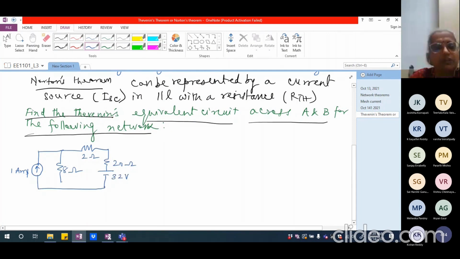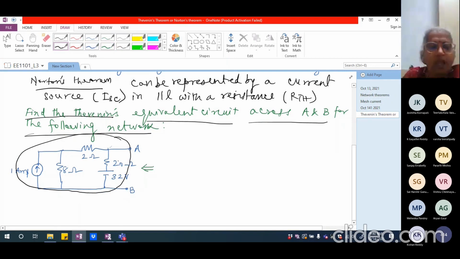So this is the circuit. This node is specified as A and this node is specified as B. So you are visualizing the circuit from this node AB. What is being asked is to give a Thevenin's equivalent circuit for this entire circuit.